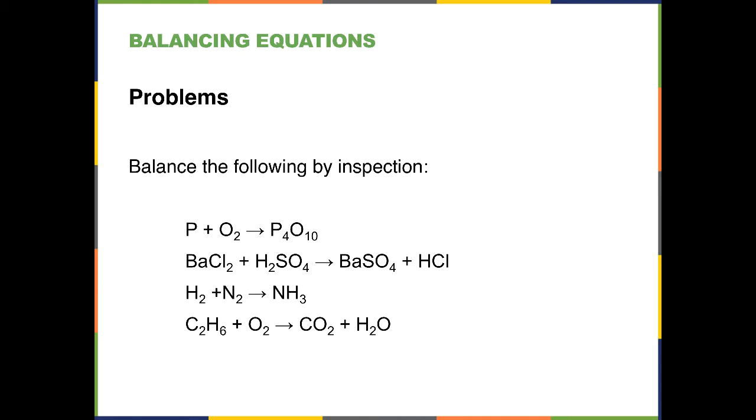So you end up with 2 in front of the ethane, which is C2H6, a 7 in front of the oxygen, a 4 in front of the carbon dioxide, and a 6 in front of the water. So that tells you it takes 2 molecules of ethane plus 7 molecules of oxygen to form 4 molecules of carbon dioxide and 6 molecules of water. And you can substitute for molecule, again, the word mole.